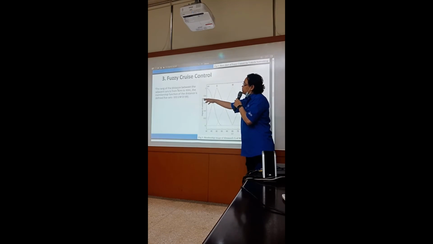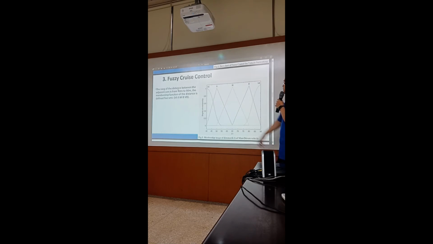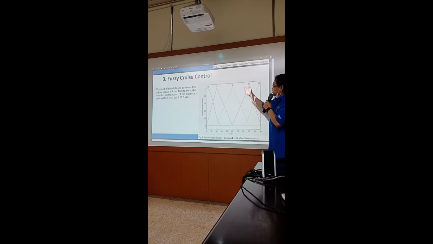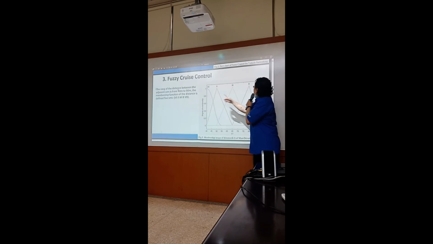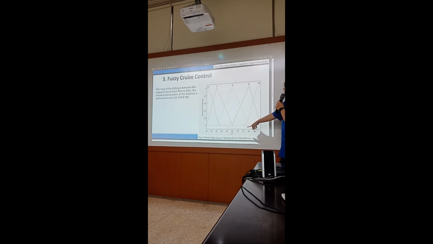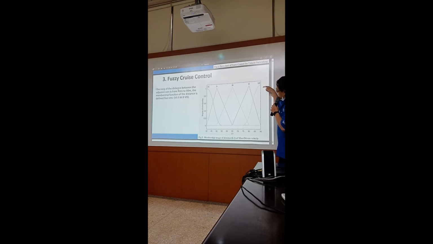VS is very small, S is small, M is medium, B is big, and VB is very big. They use two kinds of membership function. S, M, and B are triangular, and VS and VB are quotient membership functions. As you can see, it's different from the triangular, and it's something like a sigmoid function.